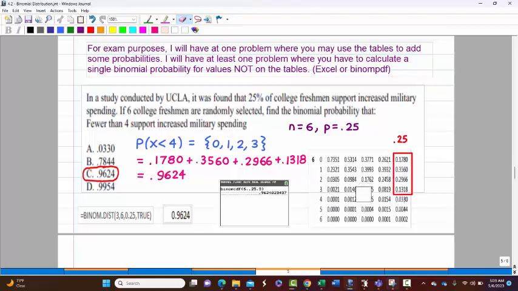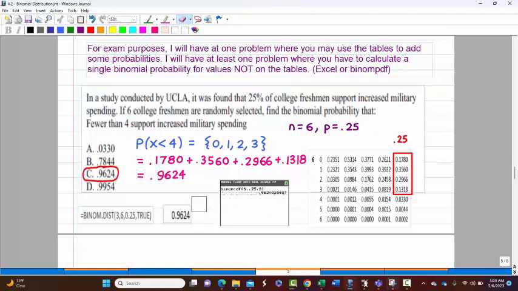You can add those 4 up, or you can just do a cumulative at 3. This time, don't do 1 minus here. 1 minus is whenever we wanted the greater than part. But for this, just do a straight up cumulative at 3. And you'll get the 9624, or binom CDF, because that's the cumulative at 3, and you'll get 9624.